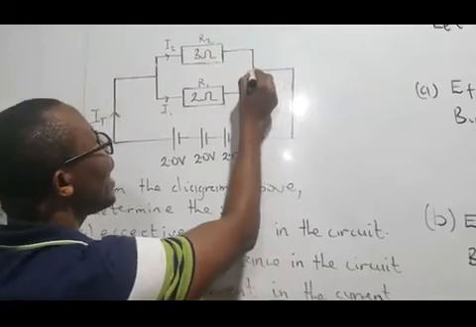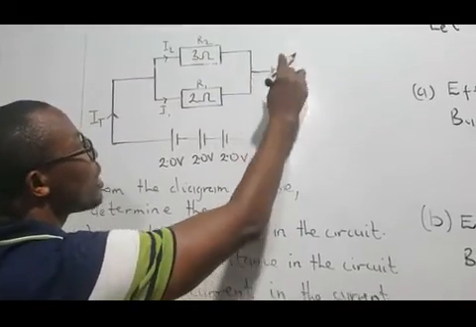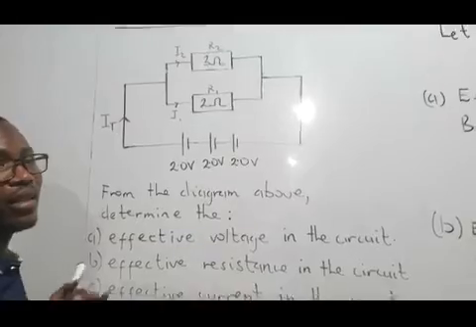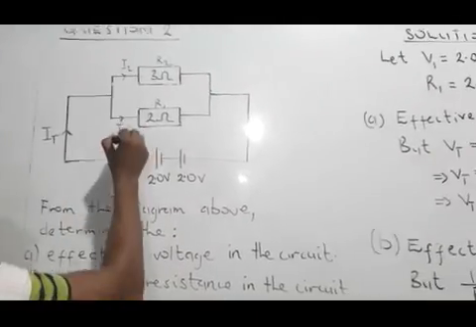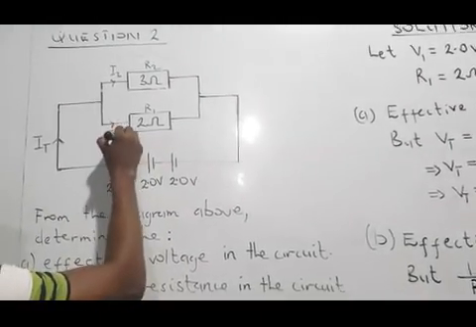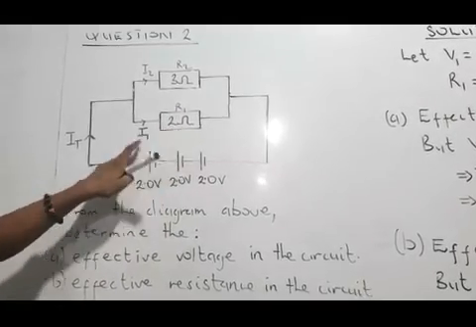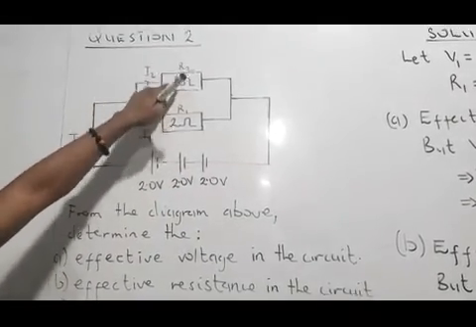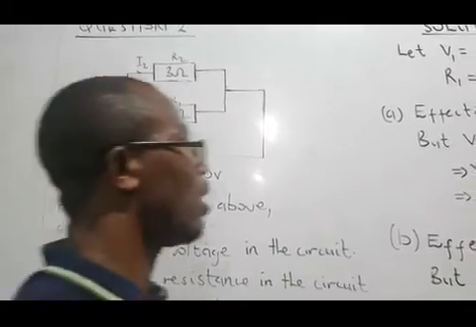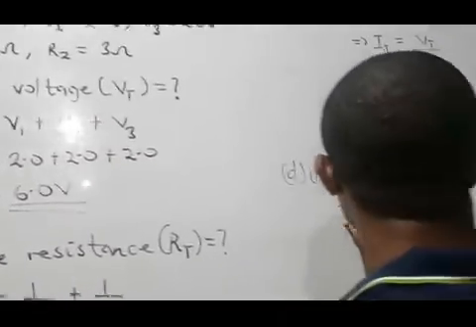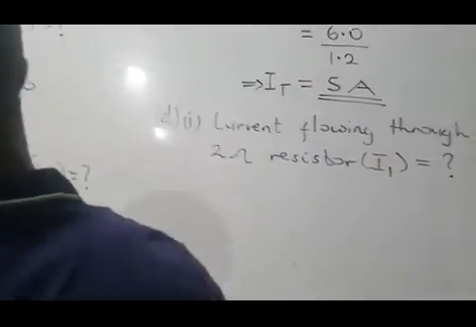They combine again, and then they form the total current. It flows through this, and then it comes here and then divides. So your I1 is the current flowing through R1, that's the 2 ohm resistor, and I2 is the current flowing through R2, which is the 3 ohm resistor. So how do you determine that?